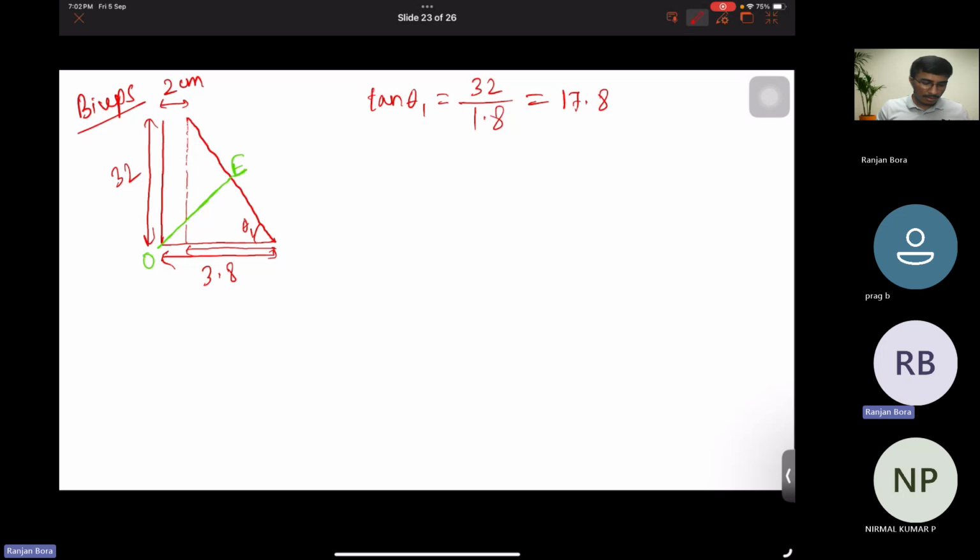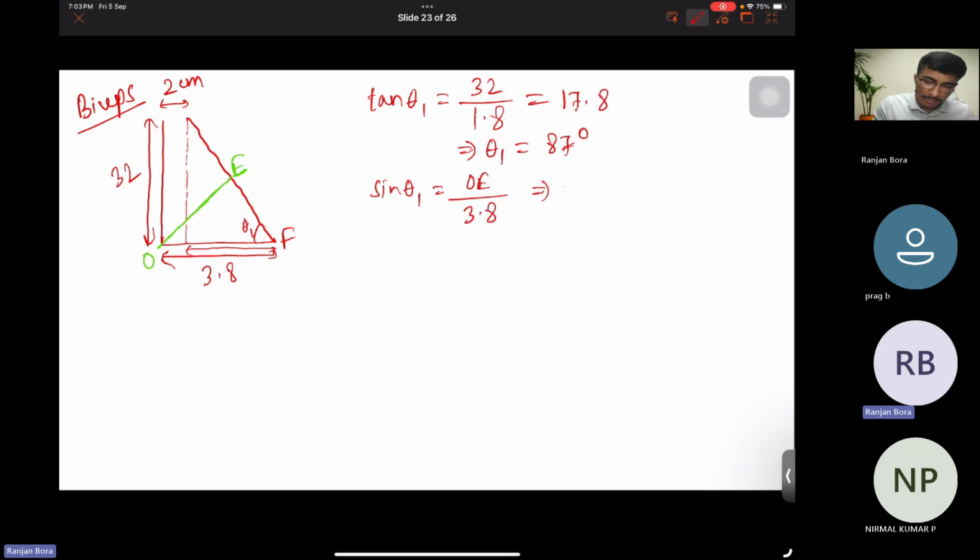17.8, and we take... so theta 1 is coming 87 degrees. Now we'll use theta 1 in this triangle OEF. In triangle OEF, again we'll take sine theta 1 equals OE divided by 3.8.